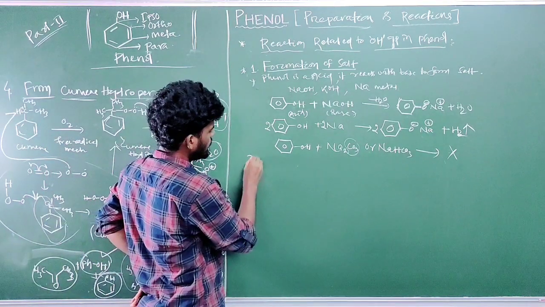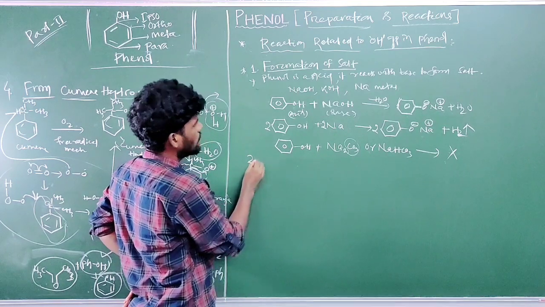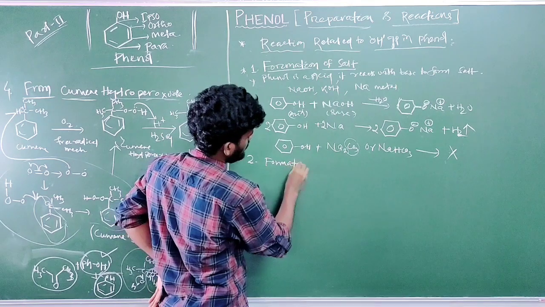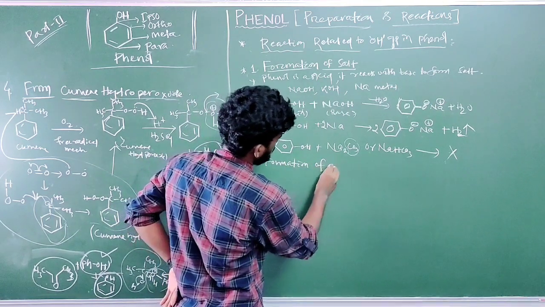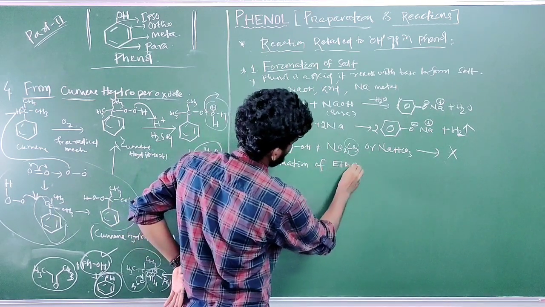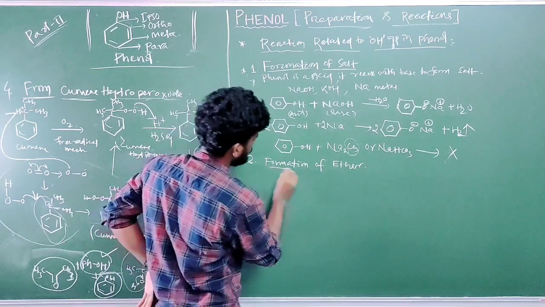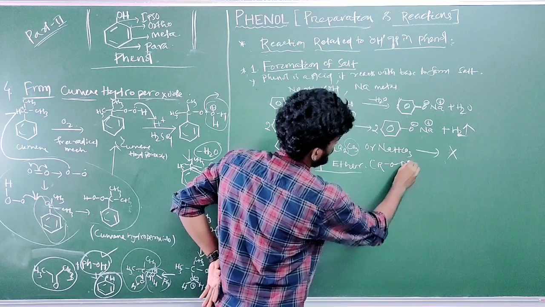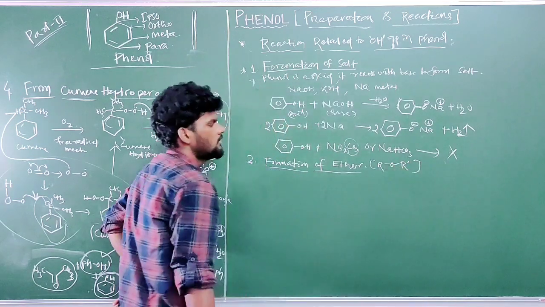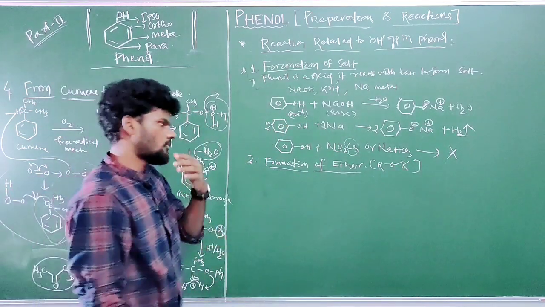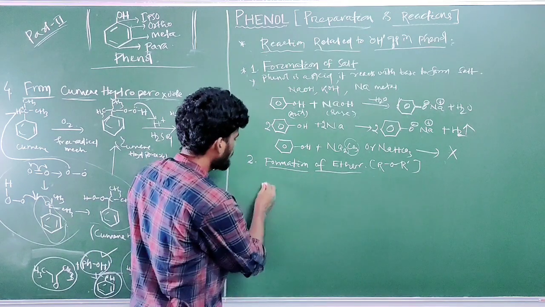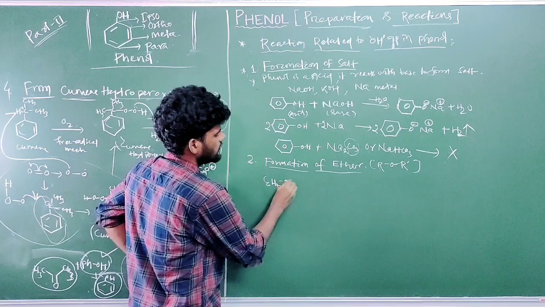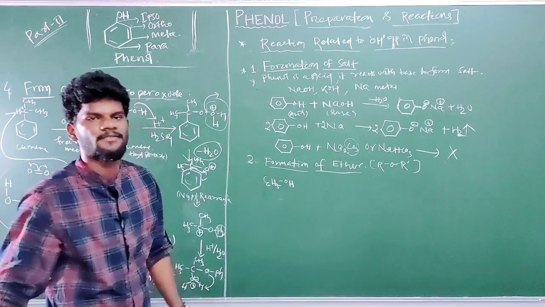Then the second reaction that phenol undergoes is the formation of ether. The ether group, all of you know, is ROR', where R and R' are both hydrocarbons. So how do we form ether? The phenol ring we can write as C6H5OH.